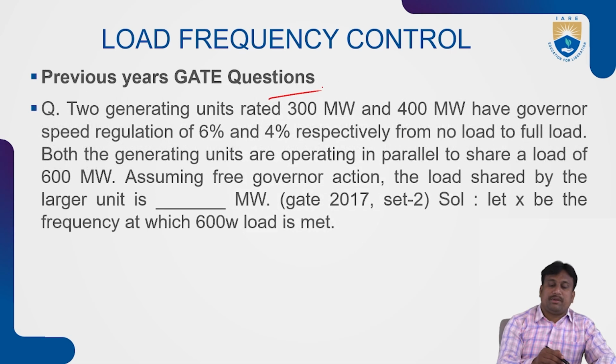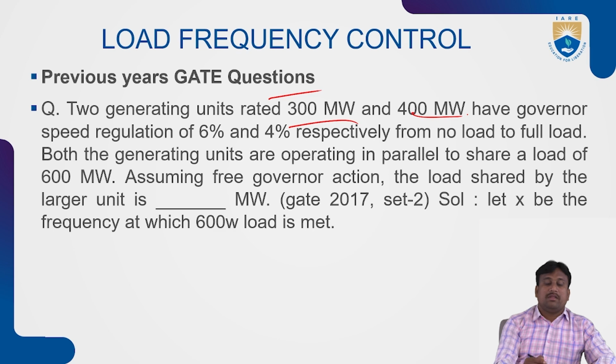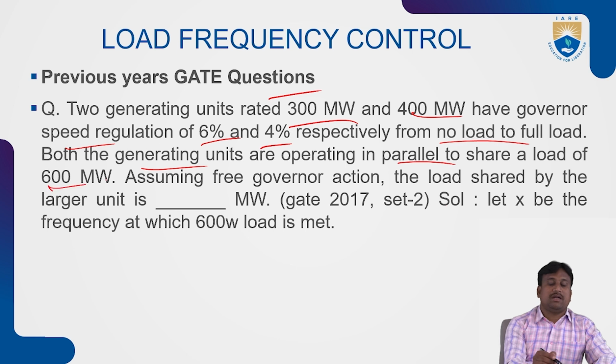So here are some previous GATE asked questions. Two generating units are rated at 300 megawatts and 400 megawatts. They have governor speed regulations of 6% and 4%, from no load to full load. Both generating units are operating in parallel to share a load of 600 megawatts.